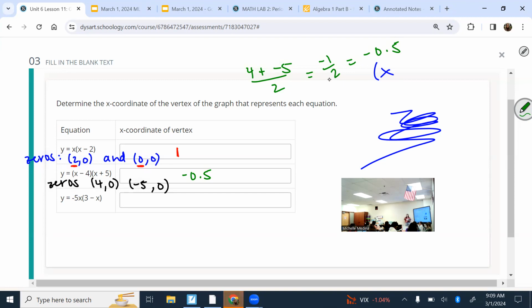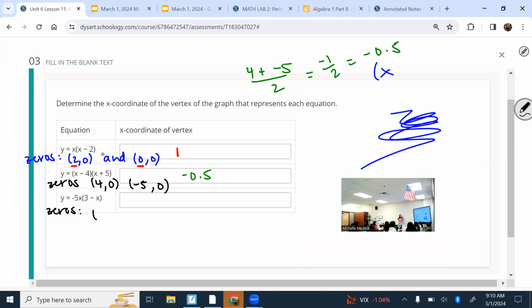In the last one, table 7, can you tell me what the zeros are for this expression? Okay, so give us a minute to think.